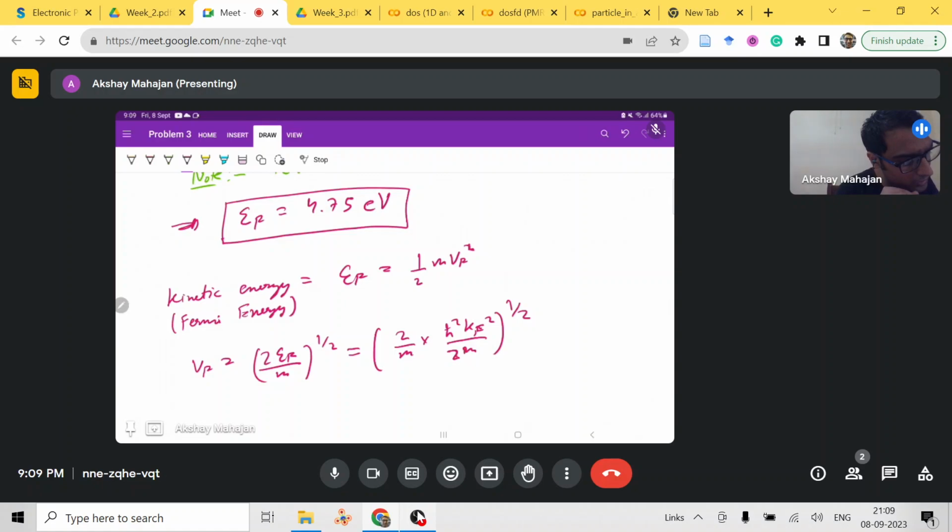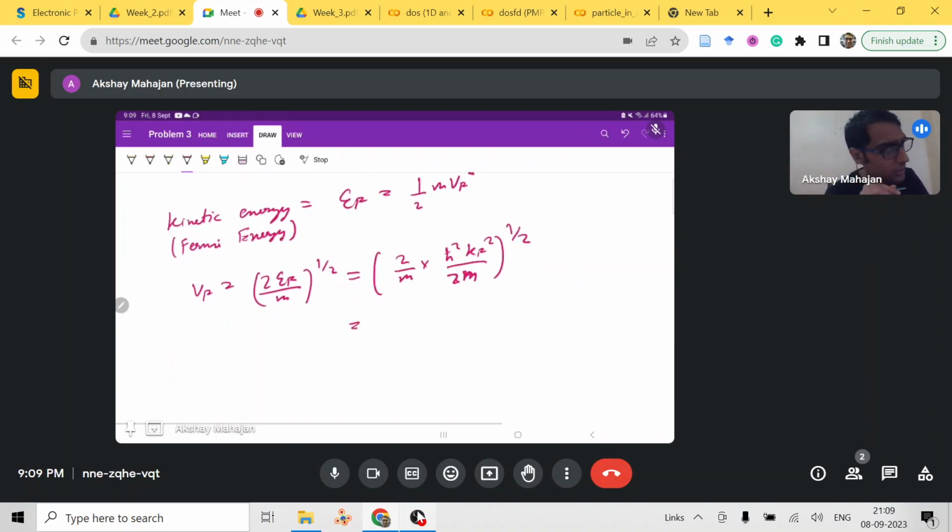So either I can use the value of epsilon F that we calculated right now, or we can use the value of kF, or we can go back to electron density.